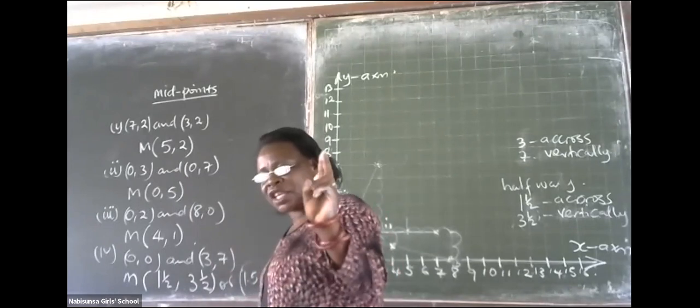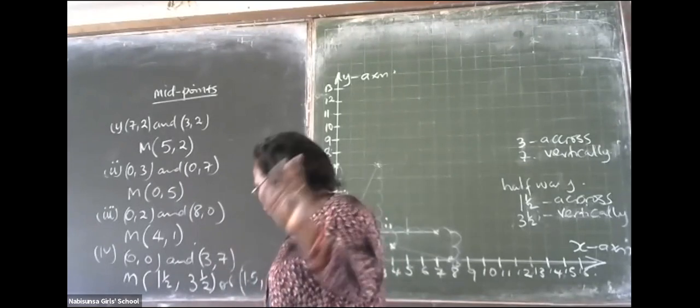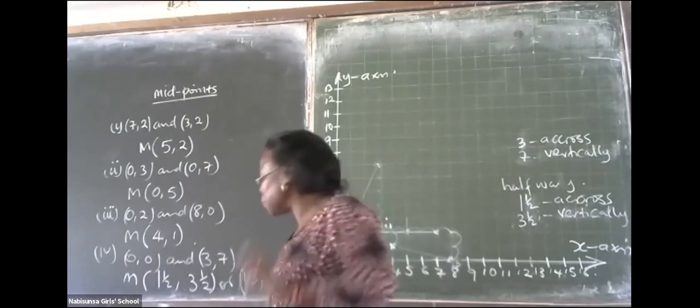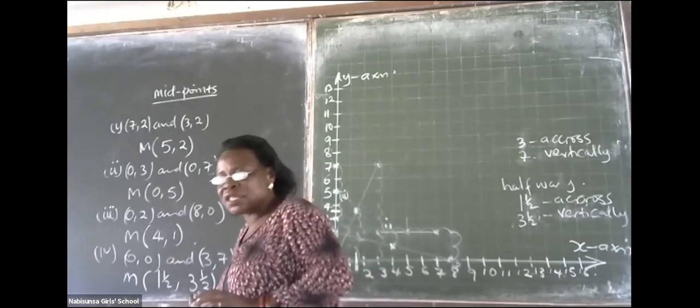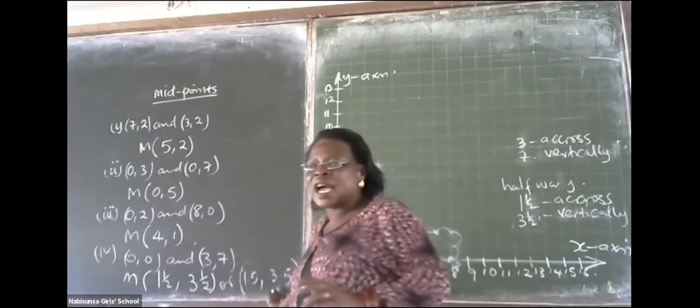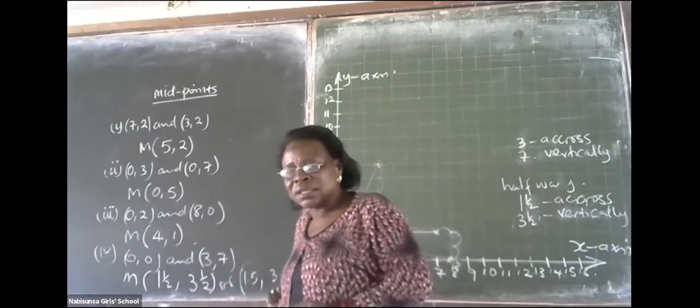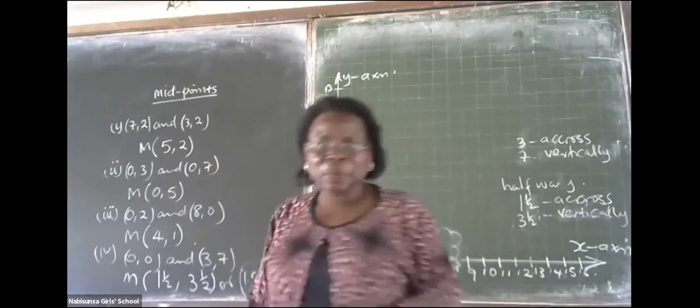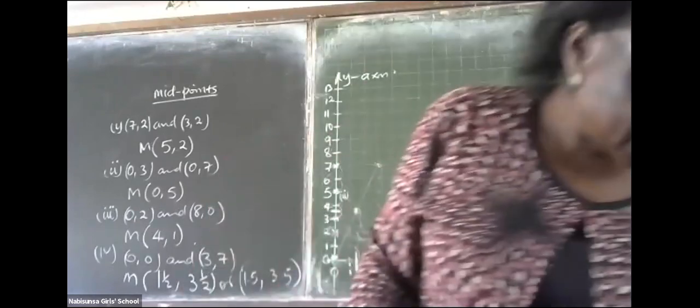So we are not having 2 points, we are having 1 point, but written in a different form. Here it is written as a mixed fraction, and here it is written as a decimal. Am I clear? Yes. Thank you.